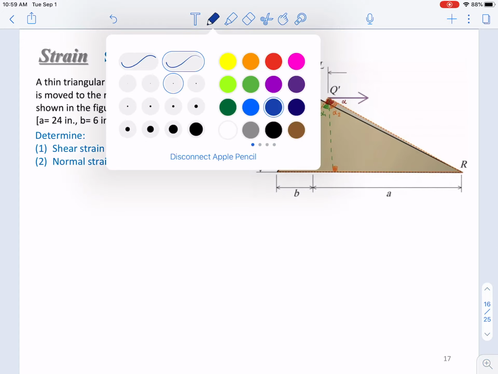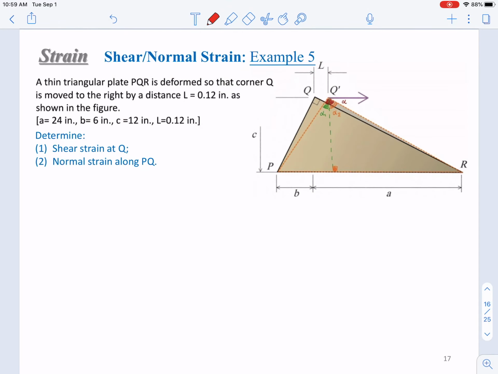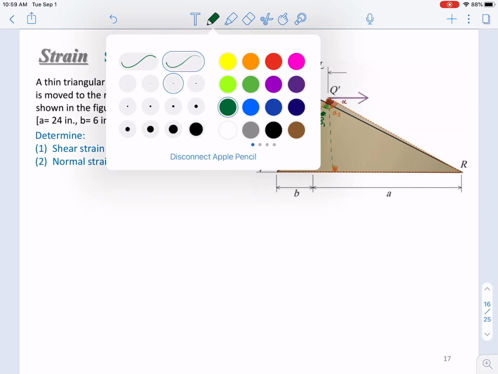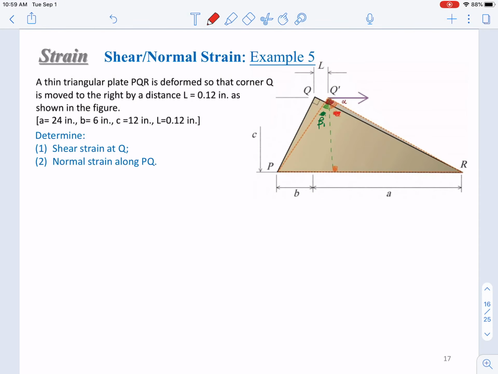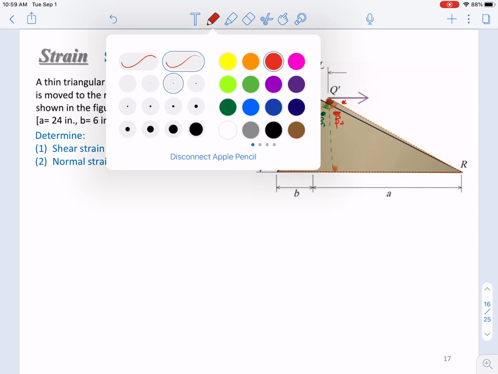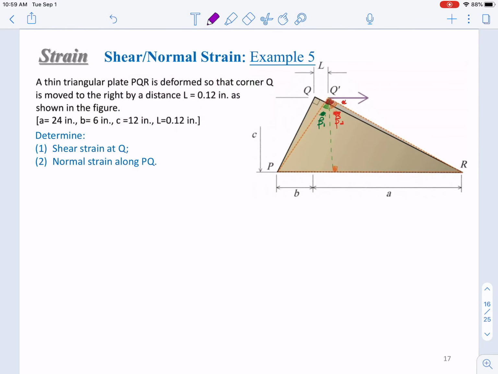Okay, let's change this to beta 1, and here beta 2. Here's beta. The overall thing is beta, the angle after deformation.